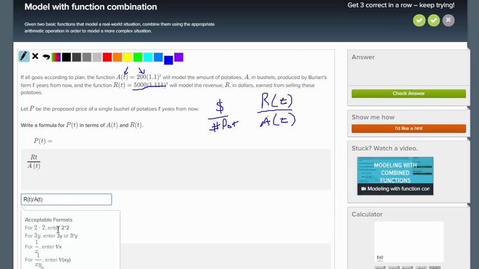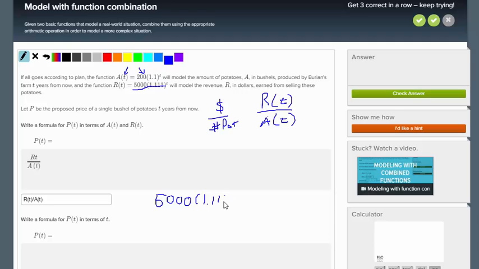All right. Next, write P of t in terms of t. So my total should be 5,000 times 1.11 to the t.